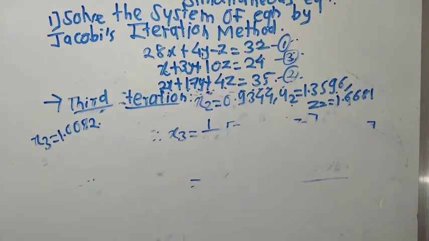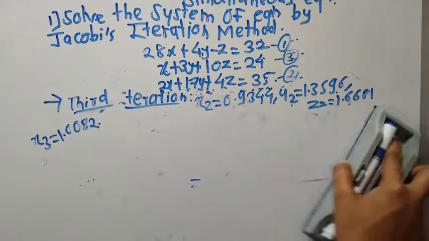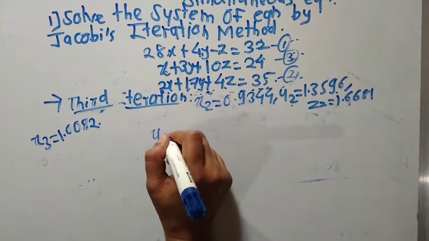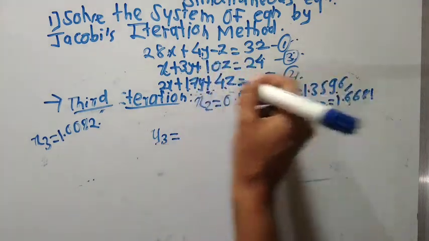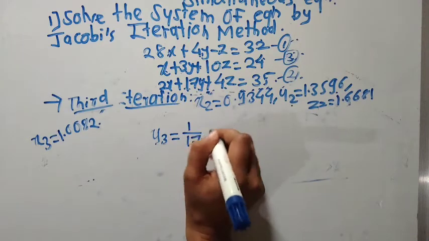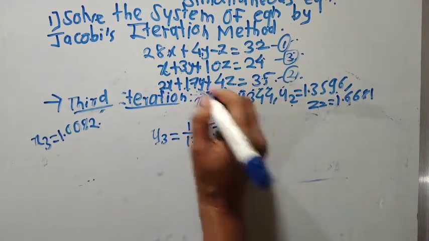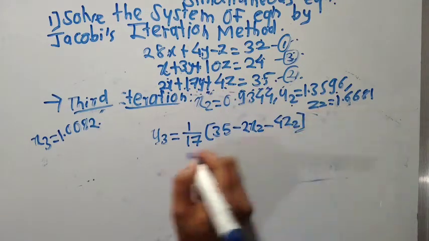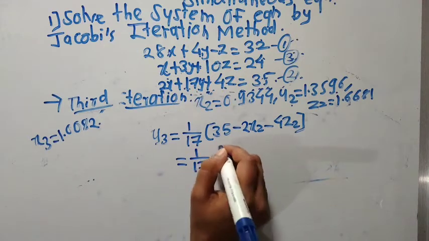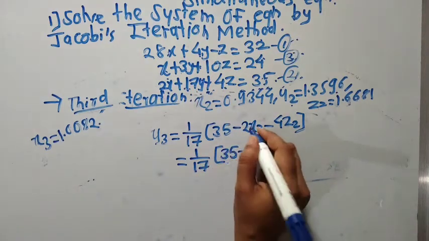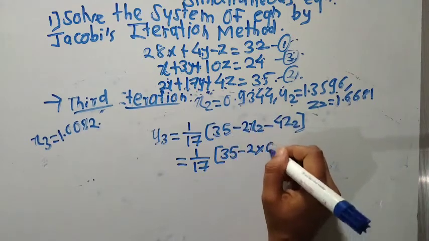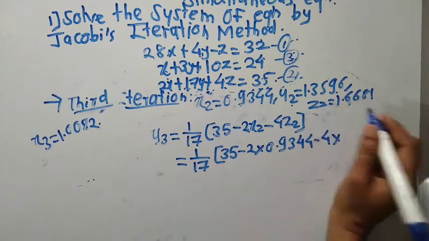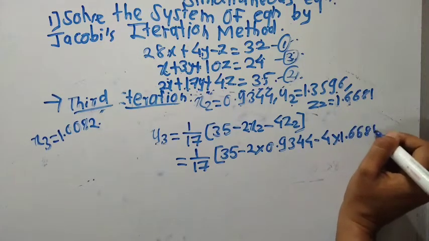Then find out y3. So here y3 is equal to, consider the second equation, 1 divided by 17, 35 minus 2x2 minus 4z2, which is equal to 1 divided by 17, 35 minus 2 into x2, which is 0.9344, minus 4 into z2, 1.6681.